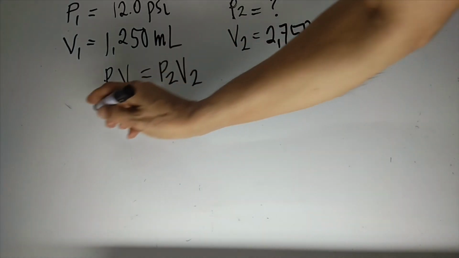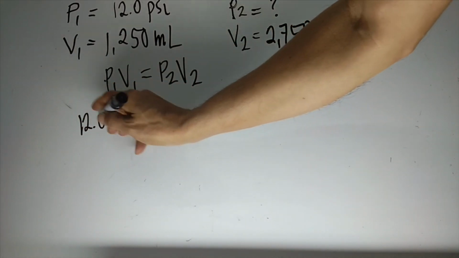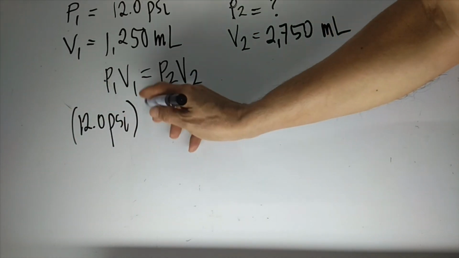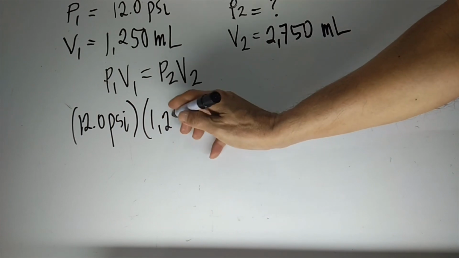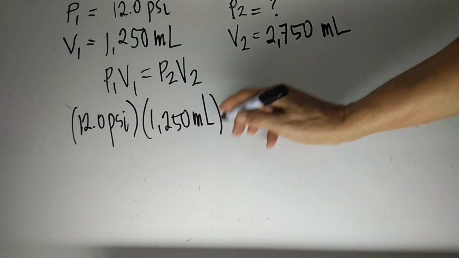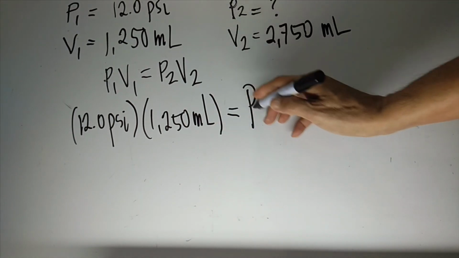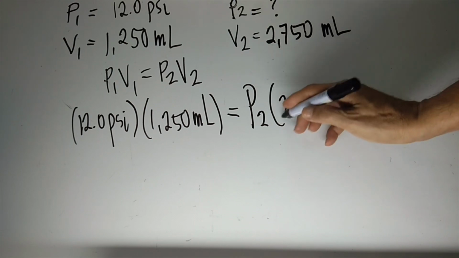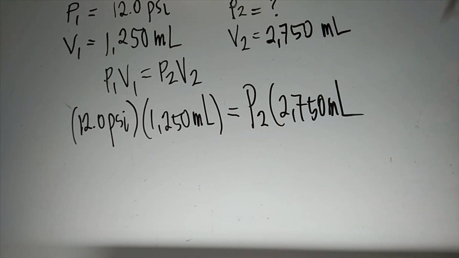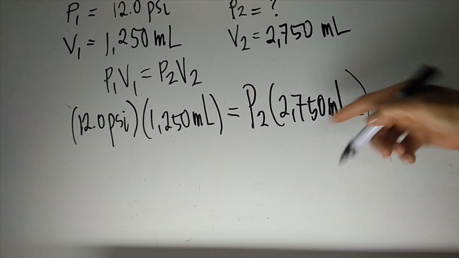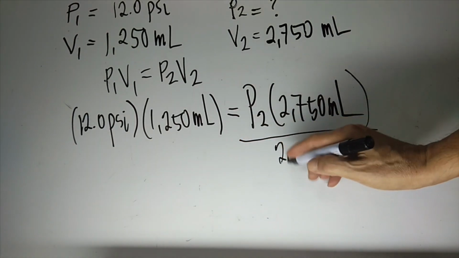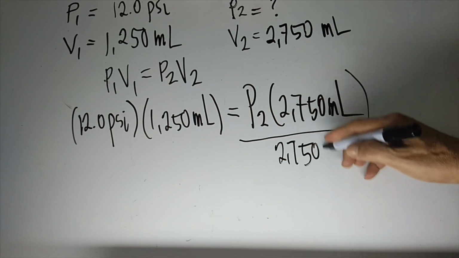So this will become 12.0 pounds per square inch times 1,250 milliliters is equal to pressure is unknown times 2,750 milliliter. Transpose this value to the other side, so this will be divided by 2,750 milliliter.